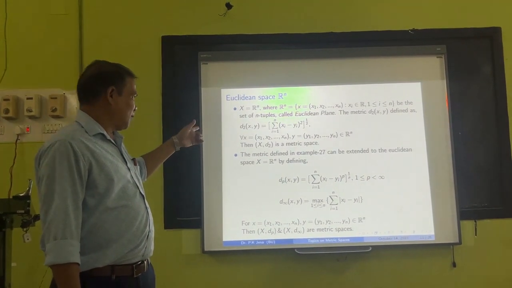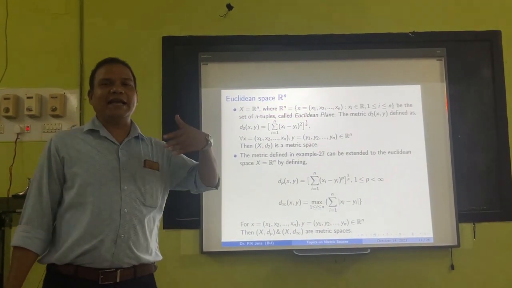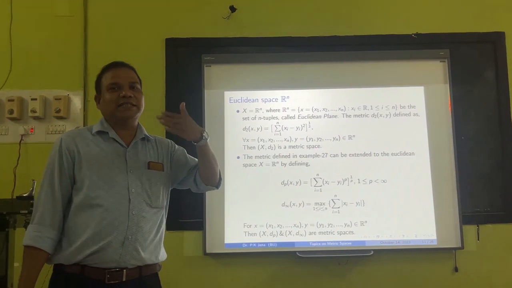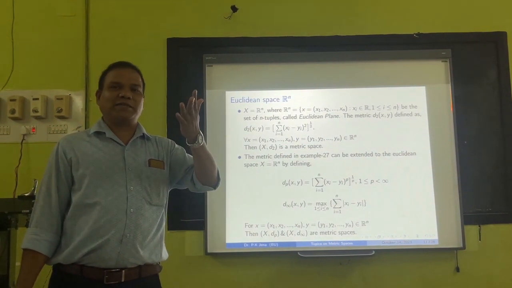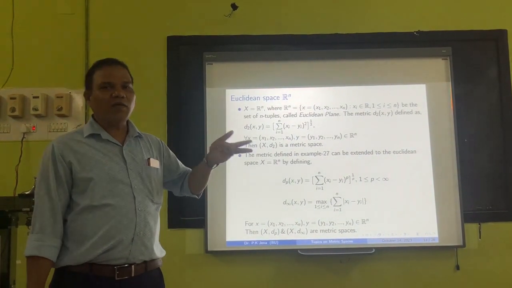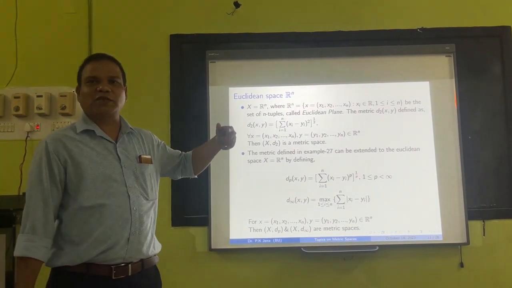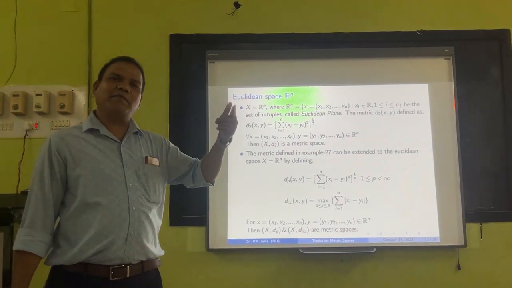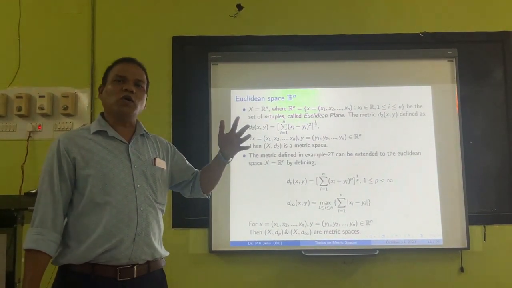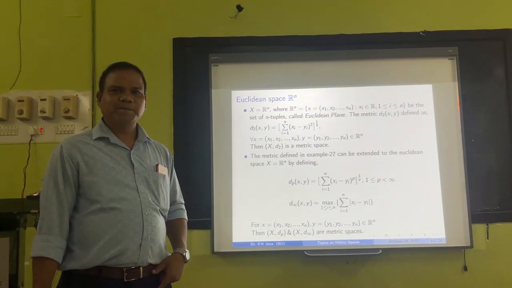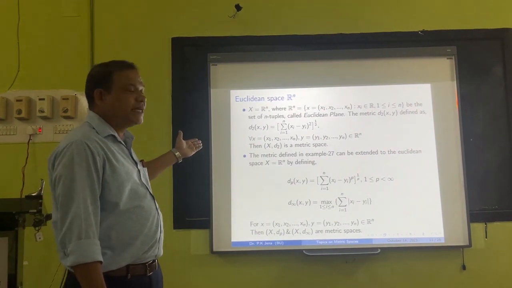All of you have the idea about the distance between two points on R square. Similarly, we are extending this idea to Rn: (x1 minus y1) whole square plus (x2 minus y2) whole square plus ... plus (xn minus yn) whole square, whole to the power 1 by 2. We are telling it as the d2 metric.